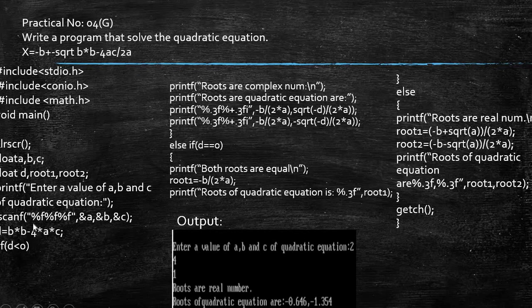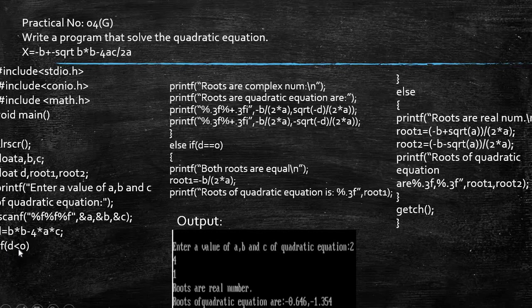So when the user enters the numbers, it will process my data, that is, D equal to B multiplied by B minus 4 multiplied by A multiplied by C. Whichever value this equation gives gets stored in the D variable.